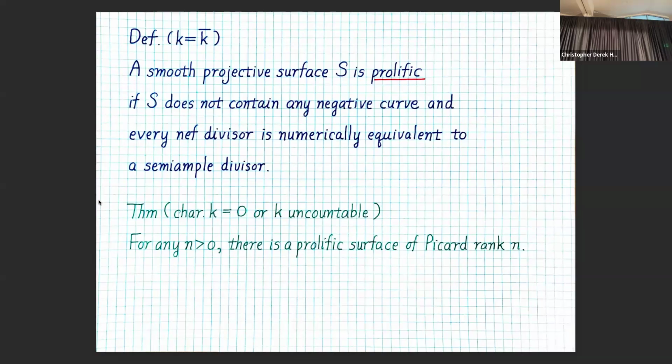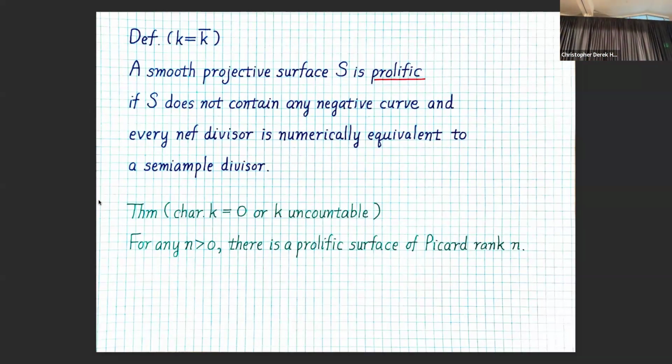So what we actually show is much stronger: up to a multiple, any realizable homology class can be realized by this single surface, given N. And the main construction is the construction of this prolific surface of given Picard rank N.